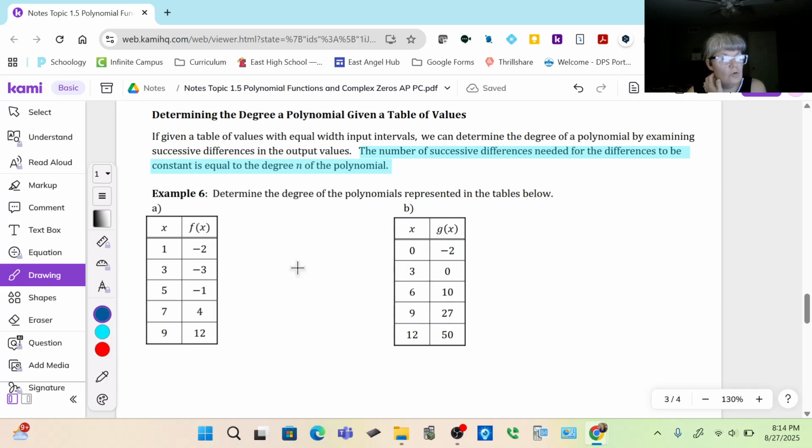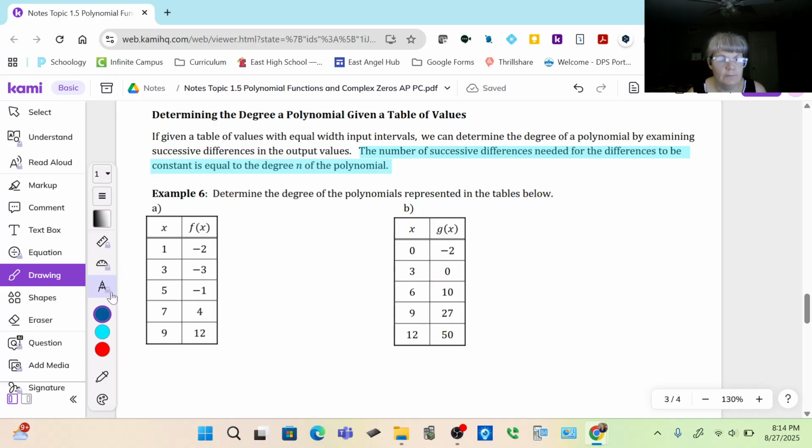So what's going to happen here is I'm going to be finding differences until I get a set of differences that are constant, that are all the same number. And however many of those I find will determine the degree of my polynomial.